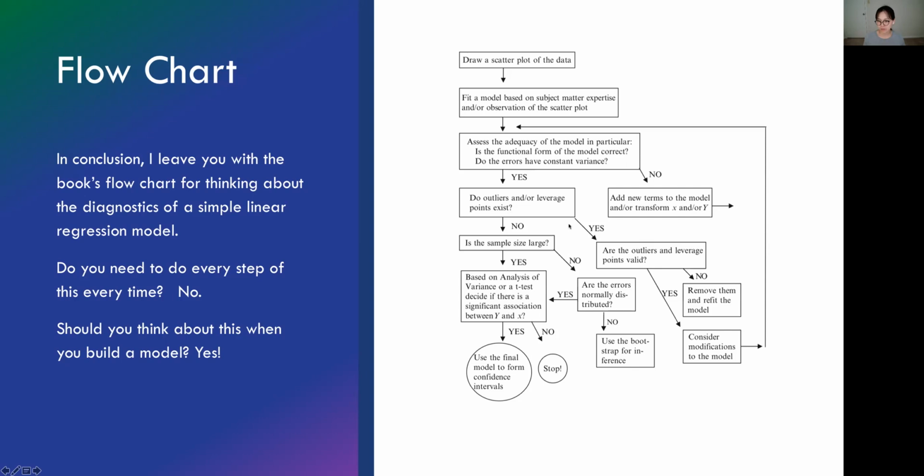Well, there are more complicated things, but I believe we have covered all of this. And for the bootstrap, we haven't talked about it, but I'll include that in the later chapters. Well, yeah, I guess that's it. So again, this flow chart would be really helpful to keep in your mind. You should think about it when you build your model.